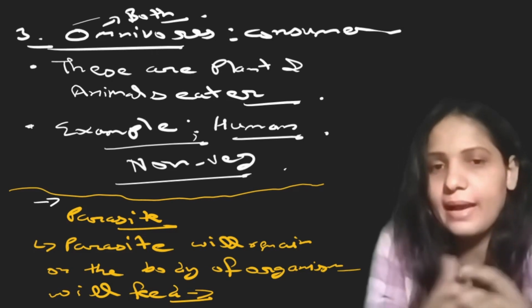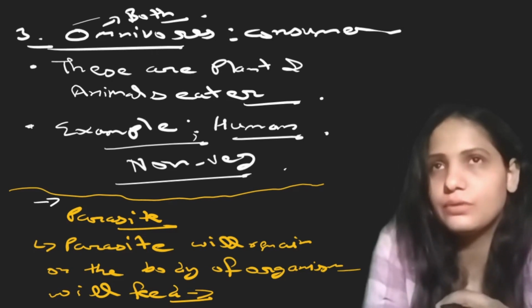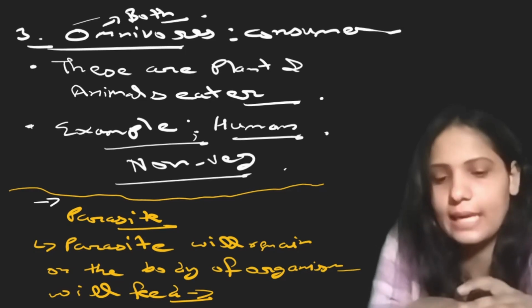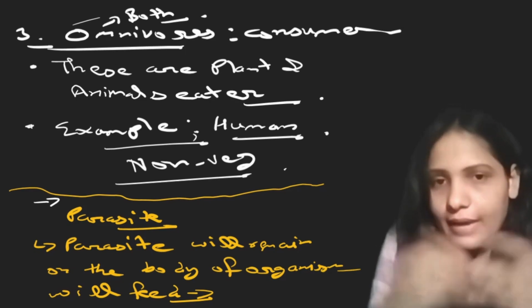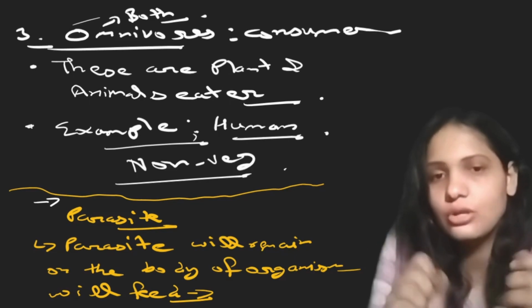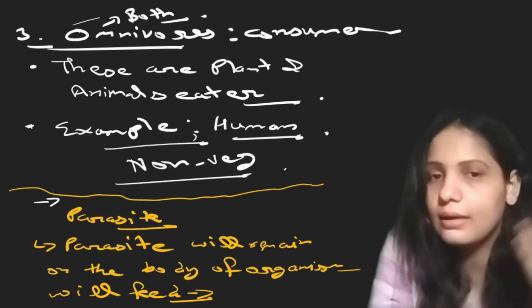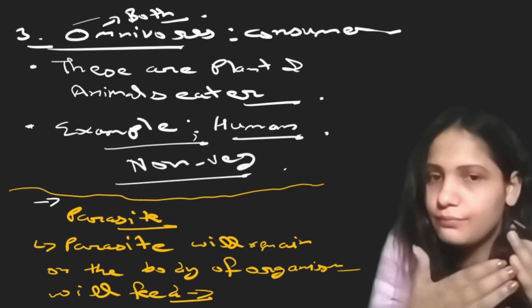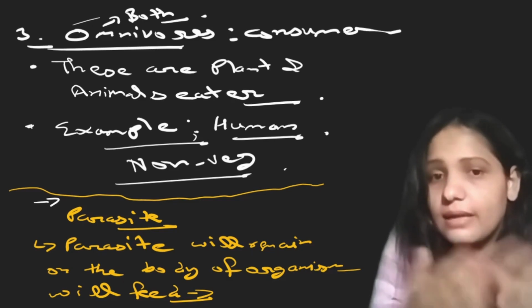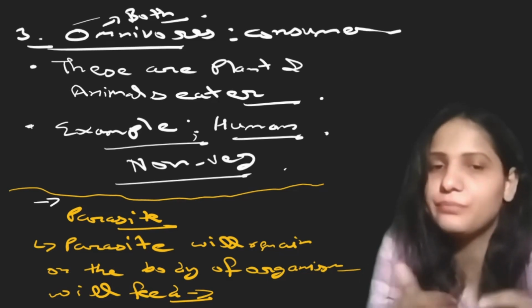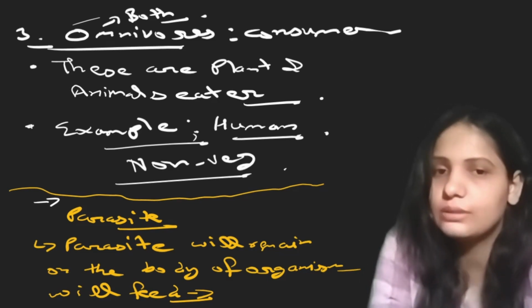What does a parasite do for its food requirement? A parasite feeds on the body of a host. Let's say in our case we have lice in our head, so these lice will feed on our scalp. They will get their food from our scalp. This is the case, they are parasites. They live on the body of an organism and from there they get their food.